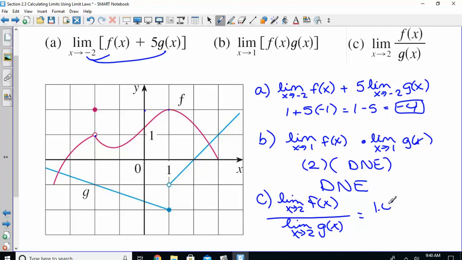We'll estimate. Limit as x approaches 2 of g. So g, I can't approach 2 from both sides. What are we getting? 0. What happens if you divide by 0? Can't do that. So my answer is, again, does not exist.